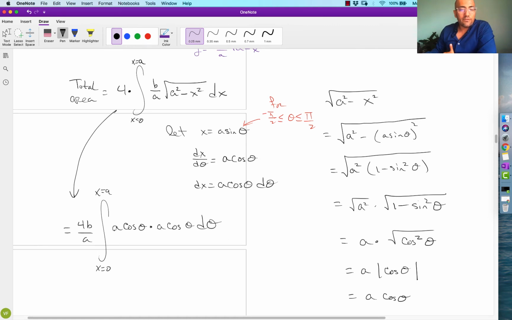Good. I have two a's, one of them can cancel with this guy, and then I'll have one more remaining, which I'm going to pull out in front, and then I'll have the integral of cosine theta squared d theta.